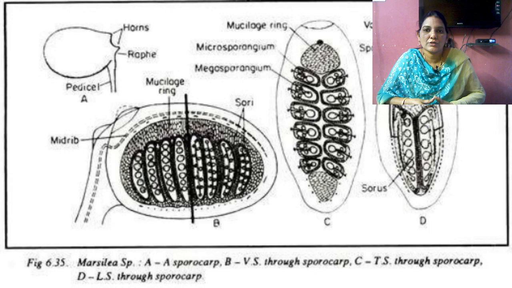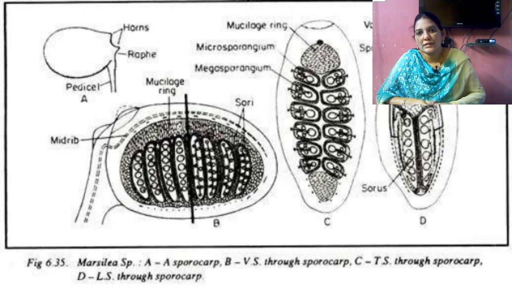The outer layer is called the epidermis, which is a single layer, and it has an outer side, upper side and lower side.